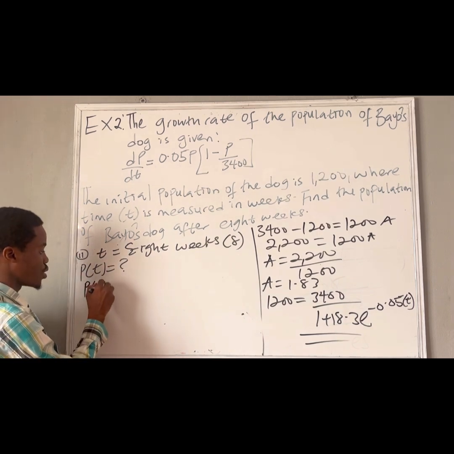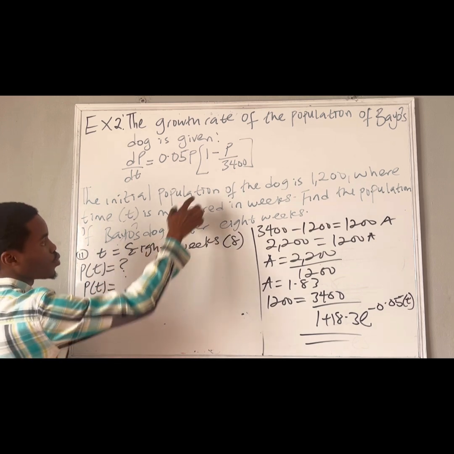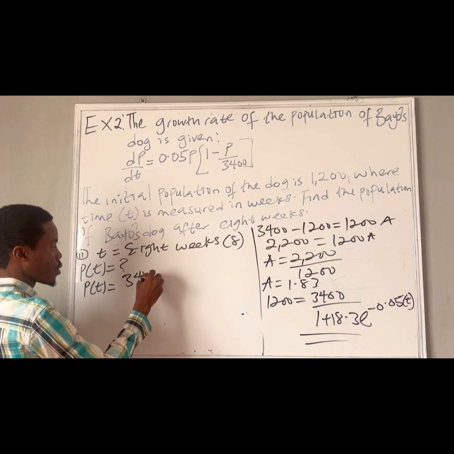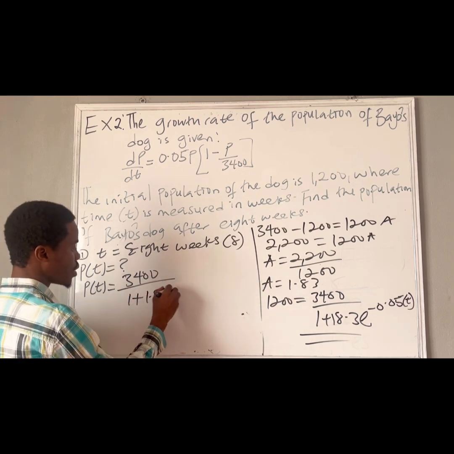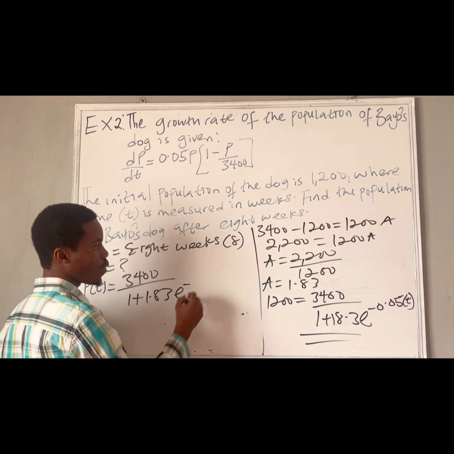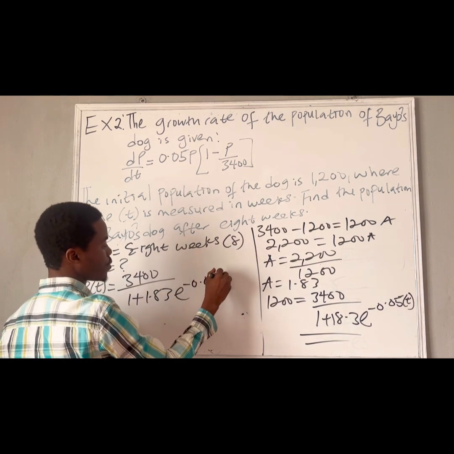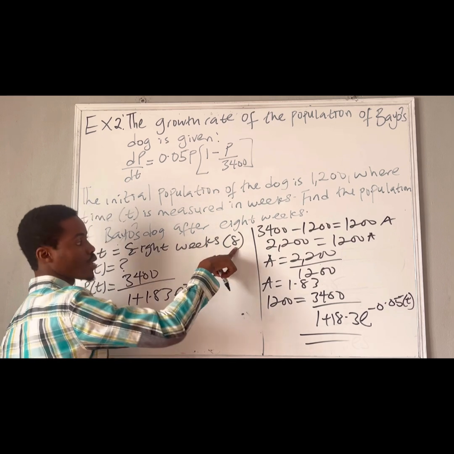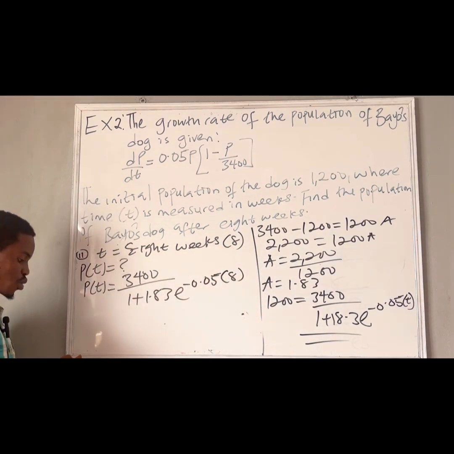Our P of t is equal to M over 1 plus A e to the minus kt, where M is 3,400, A is 1.83, our growth rate is 0.05, and our t is 8. If you multiply 0.05 by 8, what are we going to get?